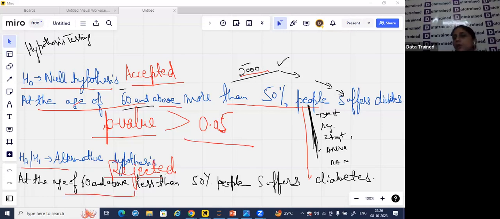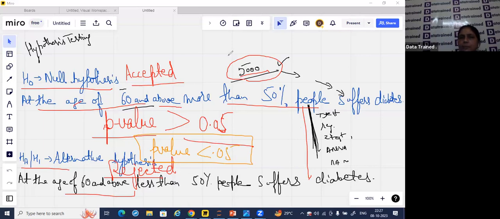Now let's think of a reverse situation. Suppose after evaluating these 5,000 rows, I get different results with the help of the t-test and other tests.